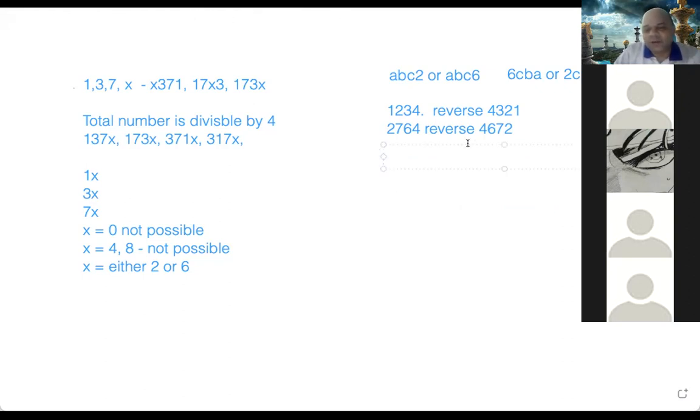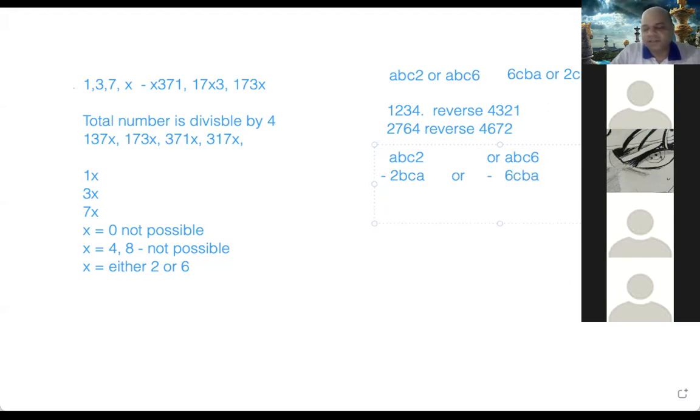See, there are only 2 possibilities here. Either it is ABC2 or ABC6, right? And then we said that we have to subtract the number: minus 2CBA or minus 6CBA, right?